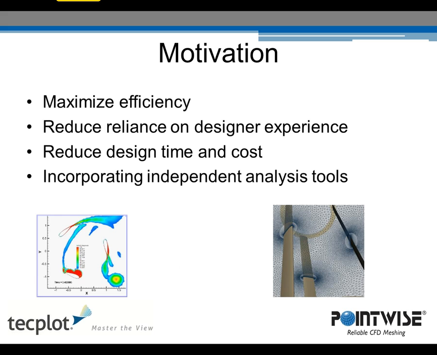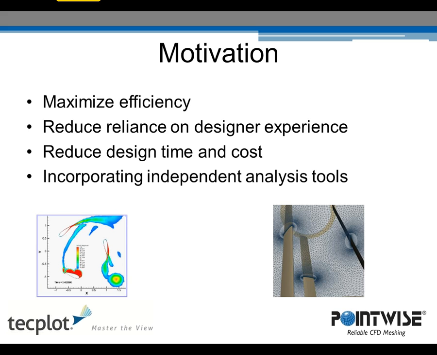So the real motivation for this project was to maximize the efficiency of the wind turbine by allowing the blade shape to change as the optimization progressed. I wanted to minimize designer experience or intuition because there's actually quite a large community designing and building these wind turbines in their backyard or garage. They don't really have a lot of experience in this area.